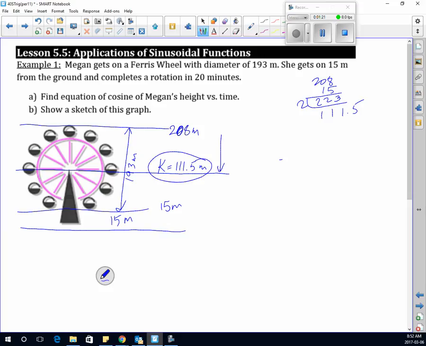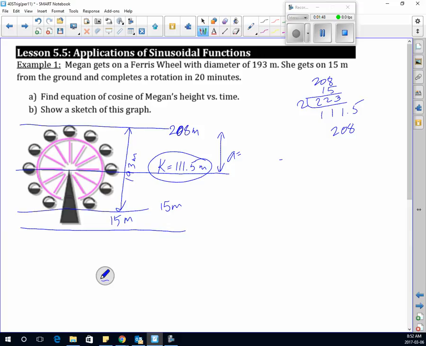Okay, what's my amplitude? What's my amplitude? Yeah, you could subtract, or what do you know about the diameter? The radius is half the amount, right?